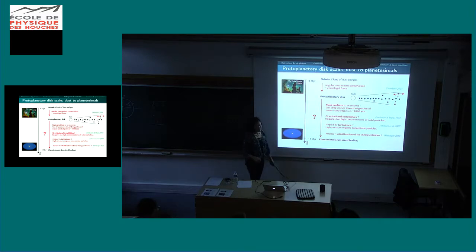The main problem is that at this stage you also have gas, and the gas in the disk imposes a drag on each single solid particle. Because of the drag, the particles will migrate inwards toward the sun over time. This happens really fast, in probably 1,000 years. So you need a mechanism that accretes kilometer-sized objects in less than 1,000 years. This is really quick.